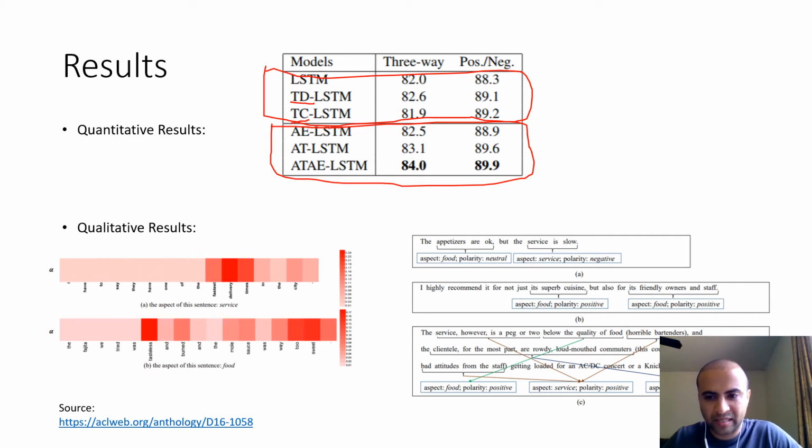Both are supervised learnings, but the drawback there is that they do not have a way to learn the aspect level features.